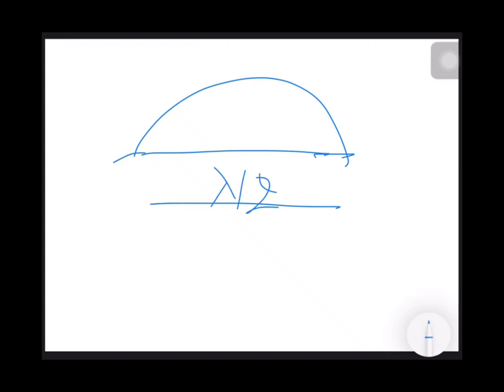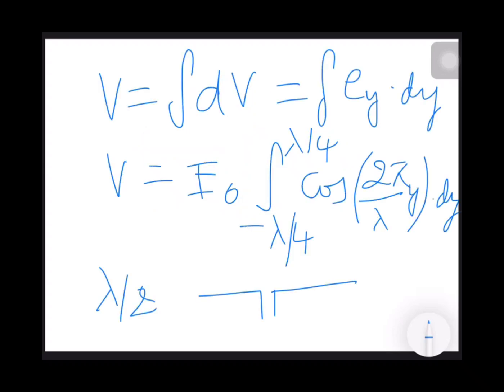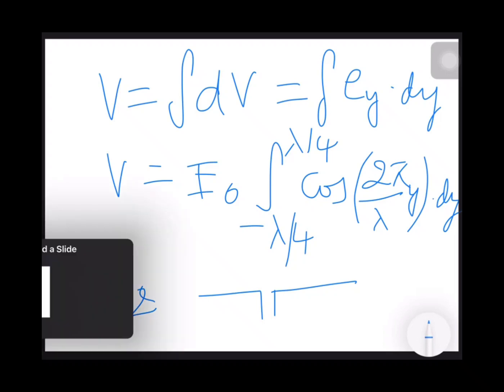One half wave section is one complete semicircle, the total value lambda by 2. When I divide this, it is two quarter wave sections. That's why it is lambda by 4, lambda by 4, and that's the purpose for writing the integral from minus lambda by 4 to plus lambda by 4.